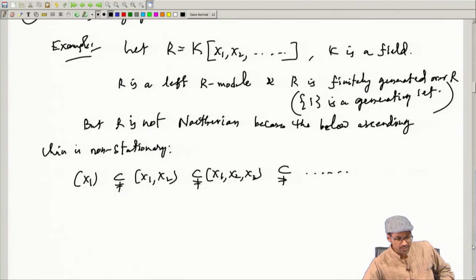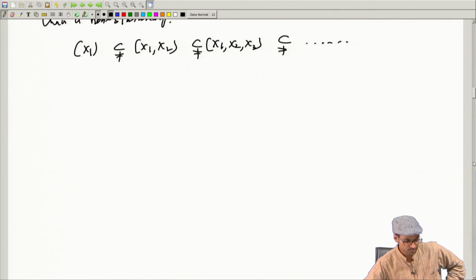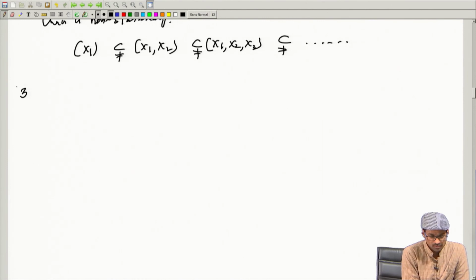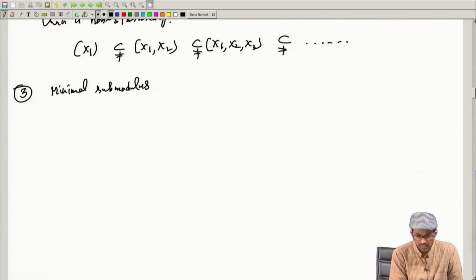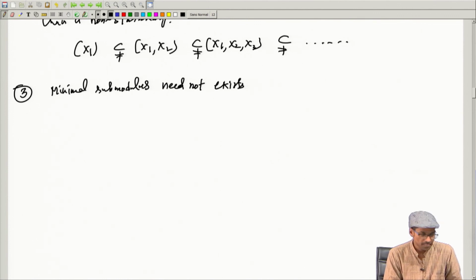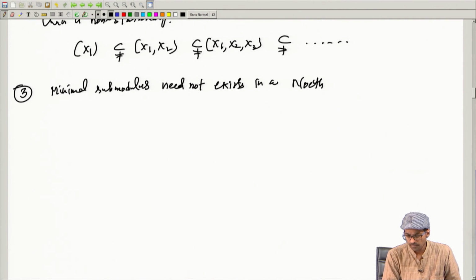Okay. So, the next one: a minimal submodule need not exist in a Noetherian module, whereas in an Artinian module they do exist.